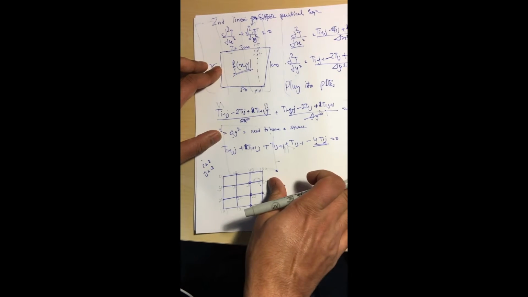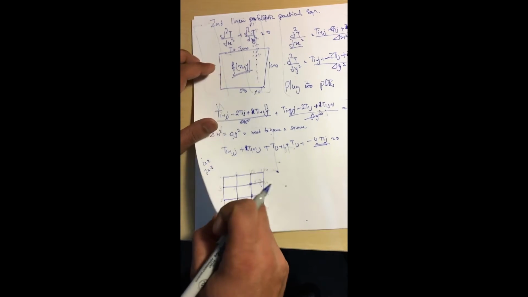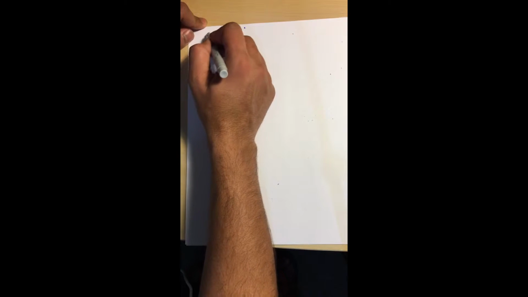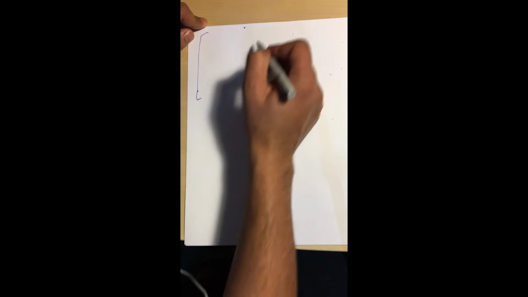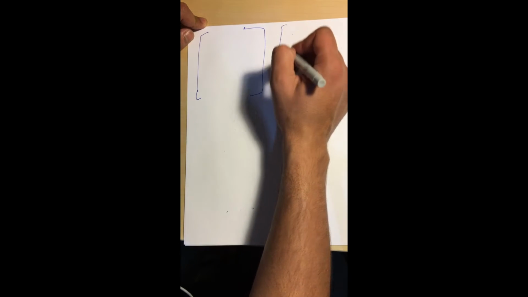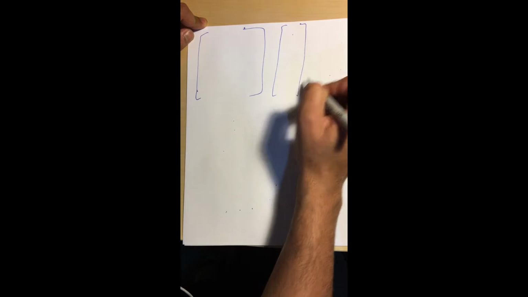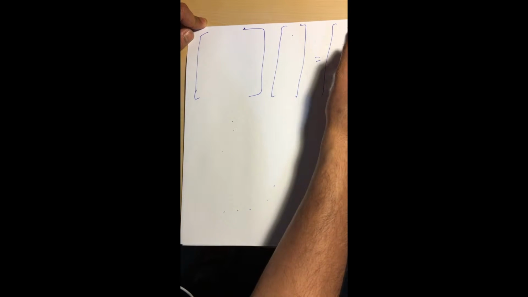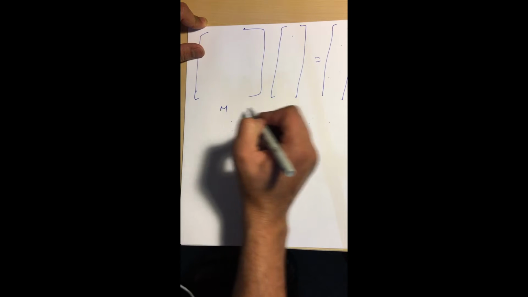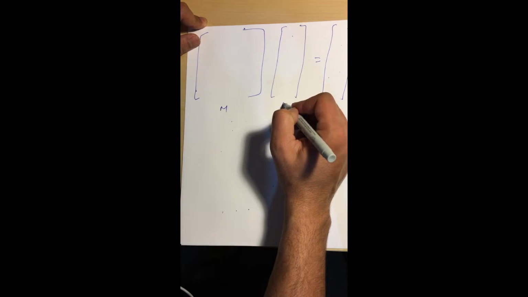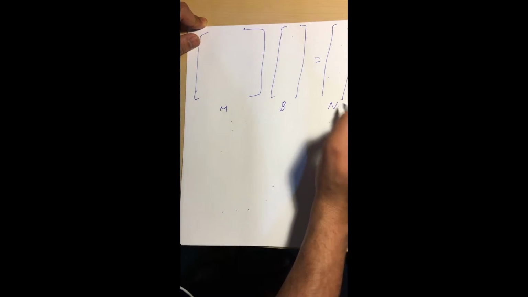Let's make a grid to solve this example. Just take a large grid. This will be our m, this will be our b, and this is n.